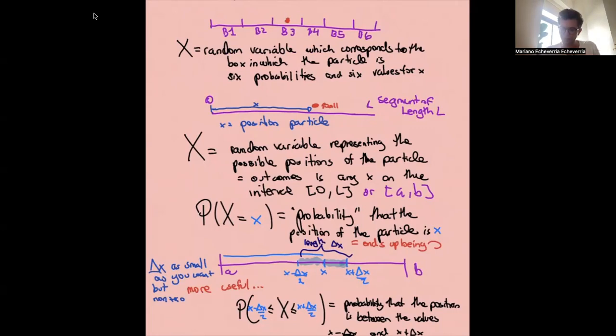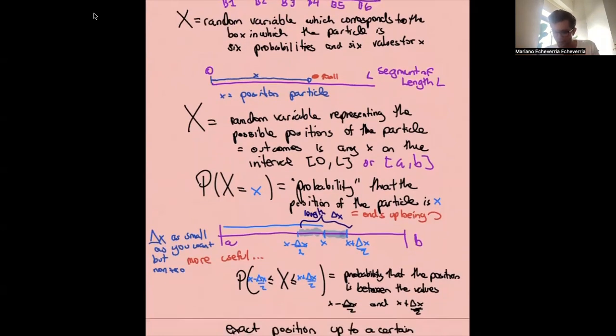But for us, it's not convenient to do that. In any case, for practical purposes, you can never specify the position of a particle, or of any continuous quantity, with complete knowledge, because there's always some uncertainty in whatever instruments you're using to measure those values.